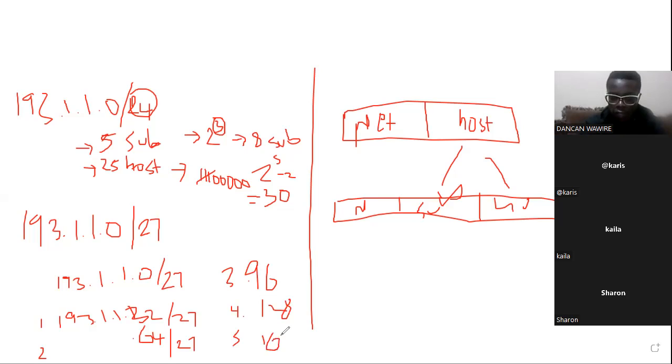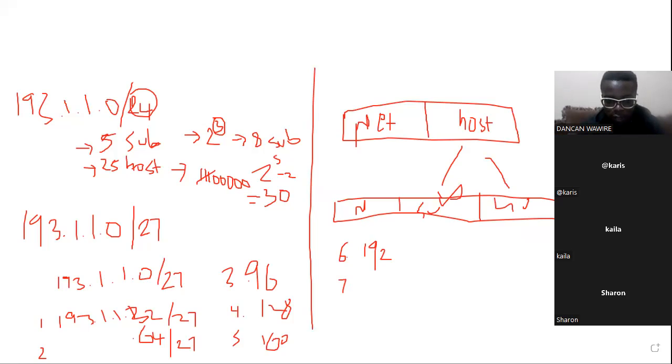Hope naandika vitu iko valid. The sixth one, ongeza hapo 32, ikuwe 192. The seventh one, nikiongeza 32, that will be 224 and that will be the last one.